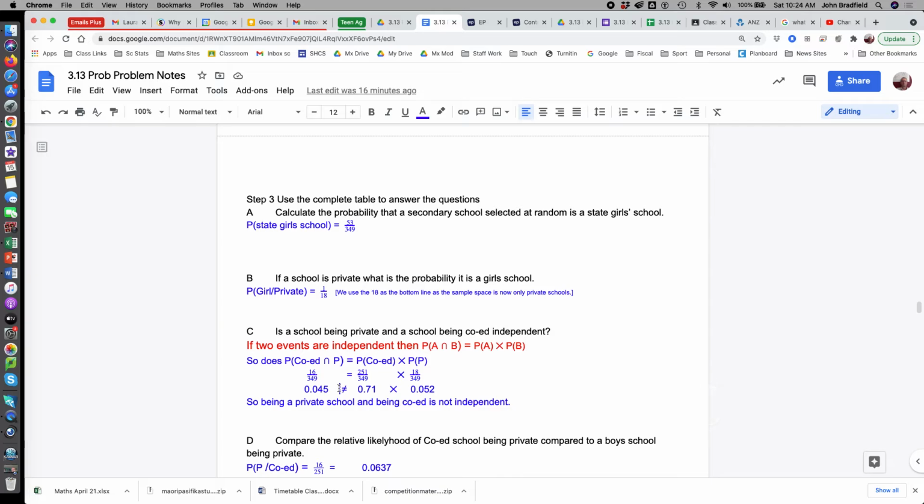If it doesn't work and I have to apply my little not equal to symbol, then they are not independent. That means once we know something is a private school, that impacts the likelihood that it is or isn't co-ed according to these figures. So they are not independent because the multiplication test there doesn't hold.